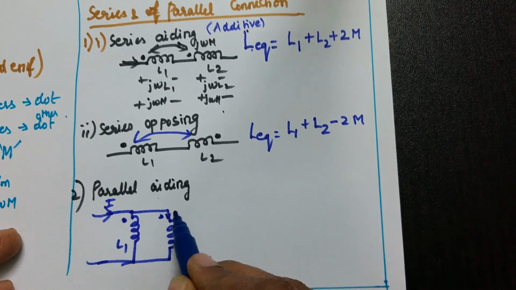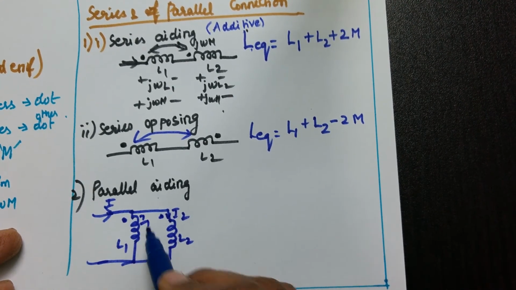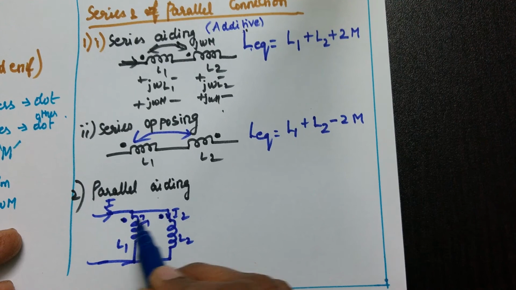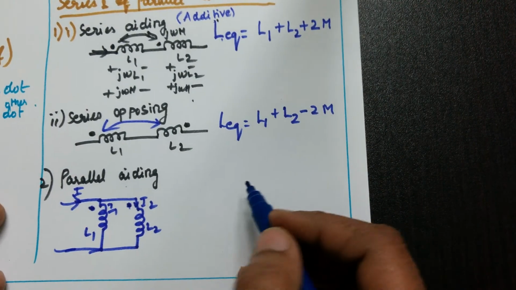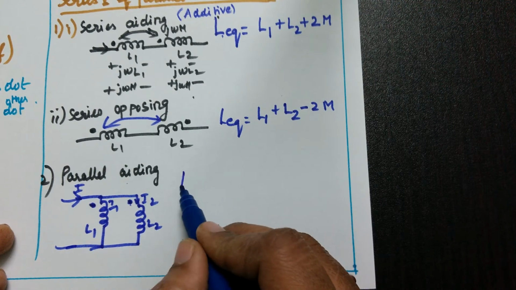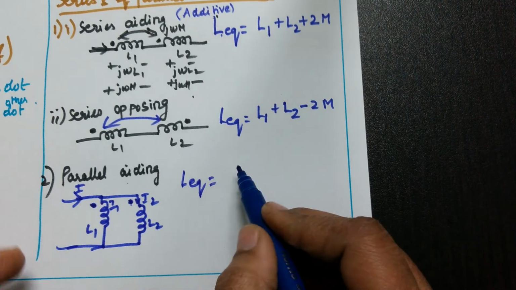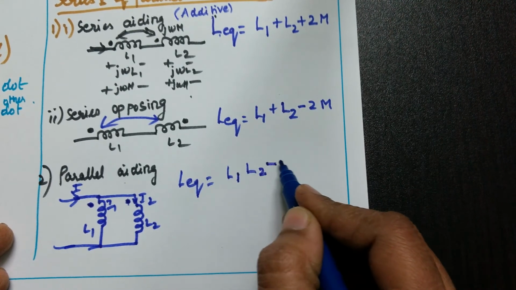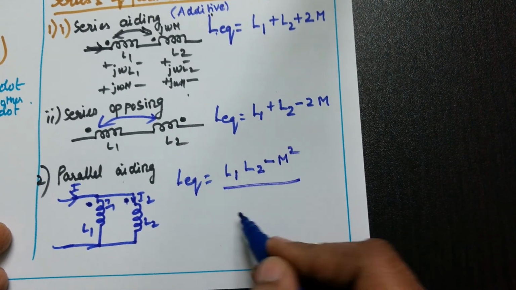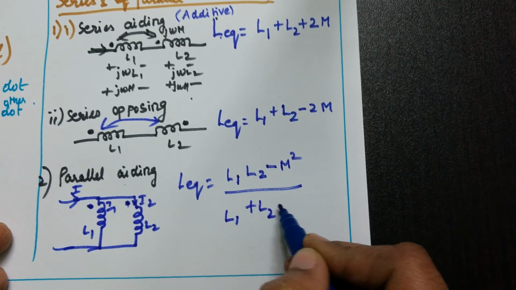Sorry, this is L2, I2, this is I1. Both the currents enter at the dotted ends. So this is parallel aiding. For parallel aiding, L equivalent will be equal to L1 L2 minus M square, divided by L1 plus L2 minus 2M.